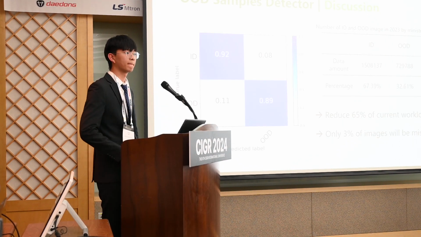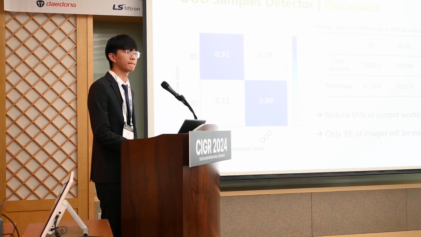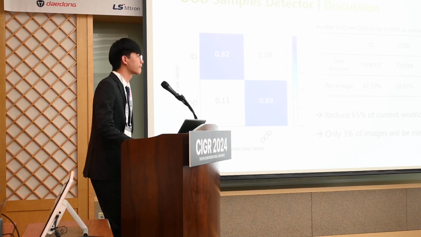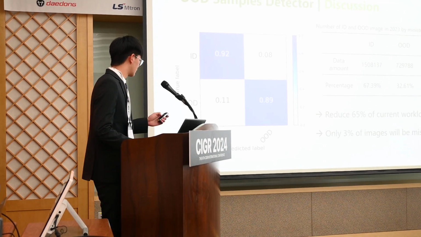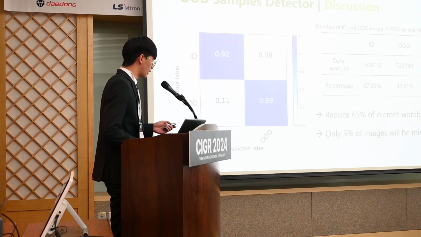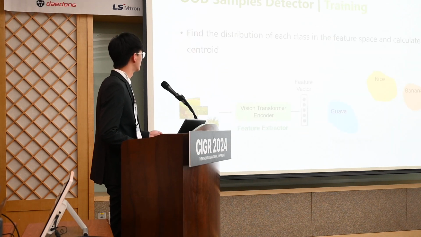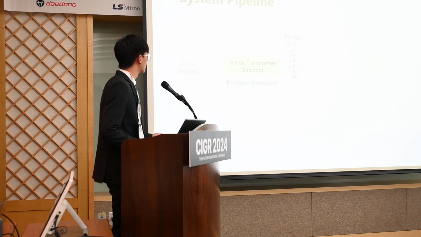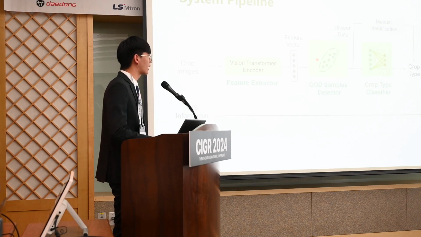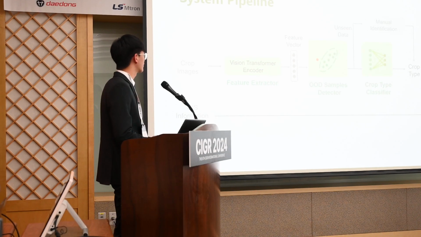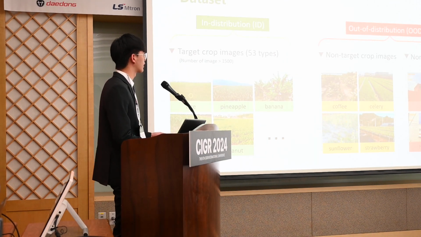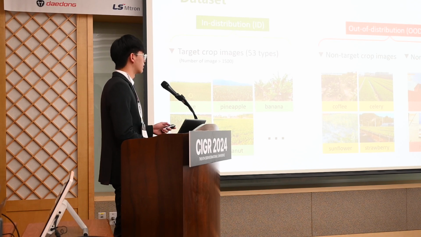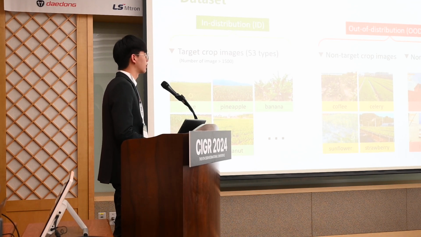Okay, any other questions? Yeah, I have a question. Why are sunflower or strawberries OOD? Because it is not so common among Taiwan crops, and also the training samples are insufficient, so our crop type classifier cannot easily learn the features of these crops.